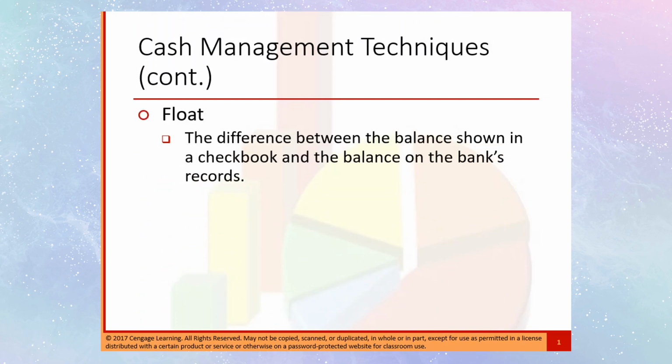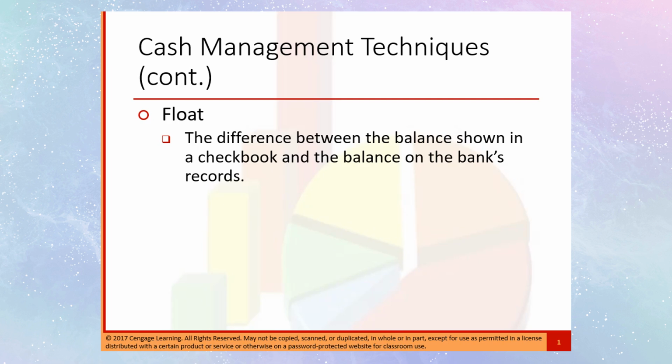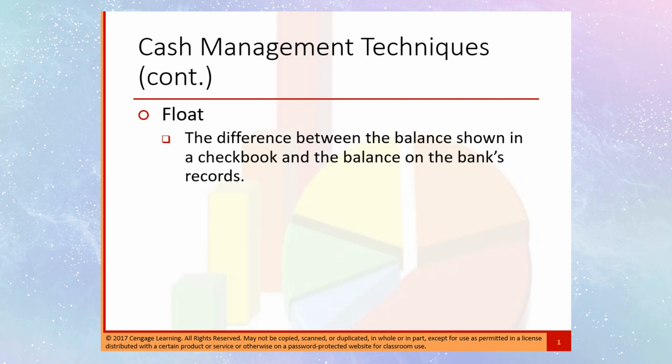Another cash management technique is float. Float is the difference between a firm's checkbook balance and the bank's actual records. Managing float can stretch the firm's cash availability, though it's not as powerful in today's world of electronic payments.